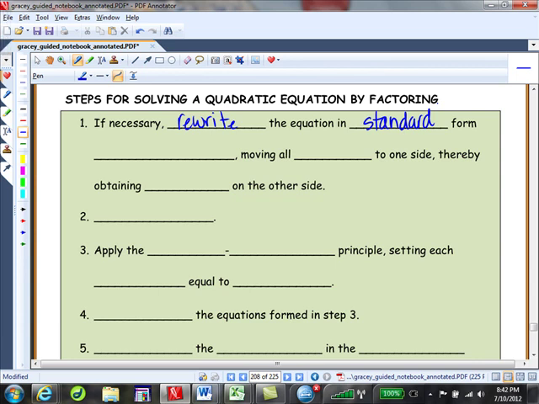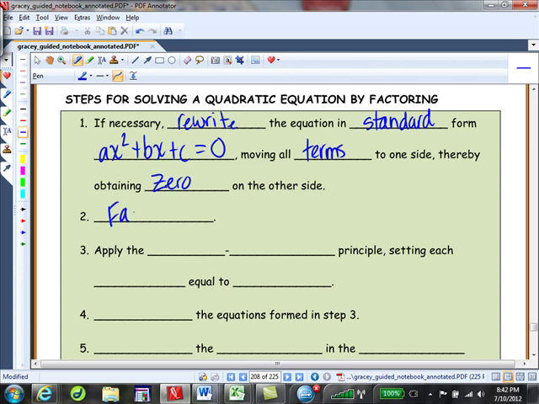They forget to get 0 on one side of the equation, right? So the standard form is ax squared plus bx plus c equals 0. There's got to be 0 on one side. Moving all terms to one side, thereby obtaining 0 on the other side.